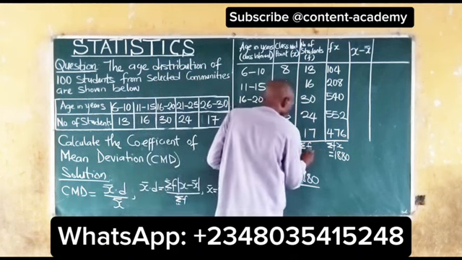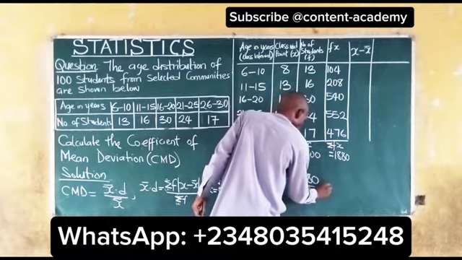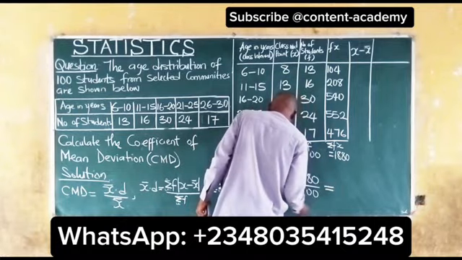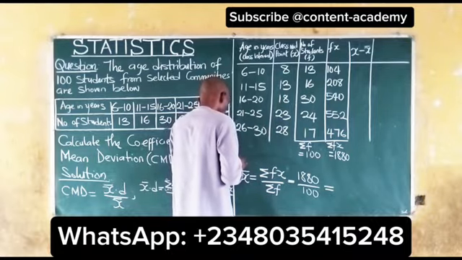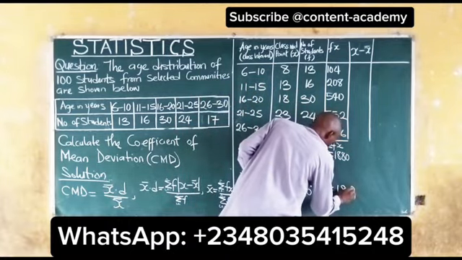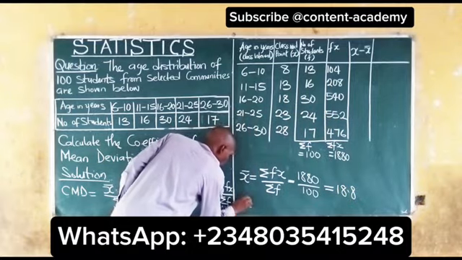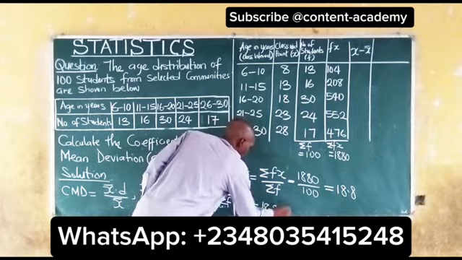So we have 100. It then means that our mean value is 1880 divided by 100, which is 18.8. So the mean is 18.8.